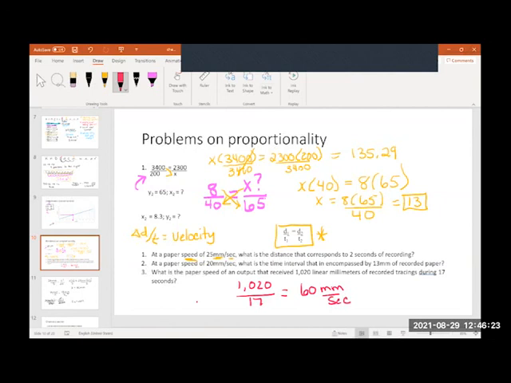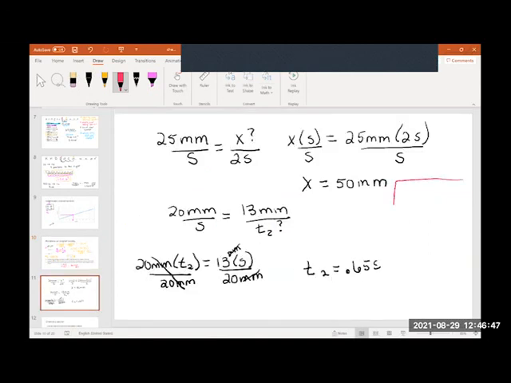Now in problem 4 on this D1 over T1 equals D2 over T2 portion of your lab manual, you are shown a picture of a tracing from an EKG machine. And you are told that the distance x corresponds to 16.5 millimeters. Also in problem 4, you're told that the paper speed is 25 millimeters per second.